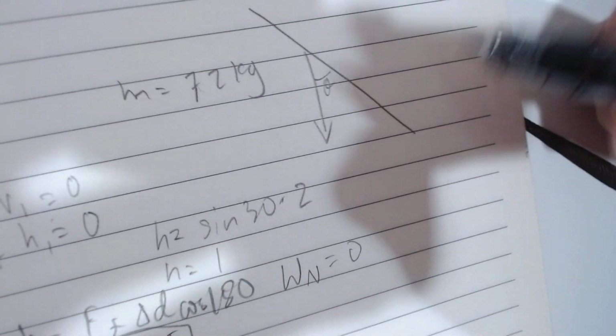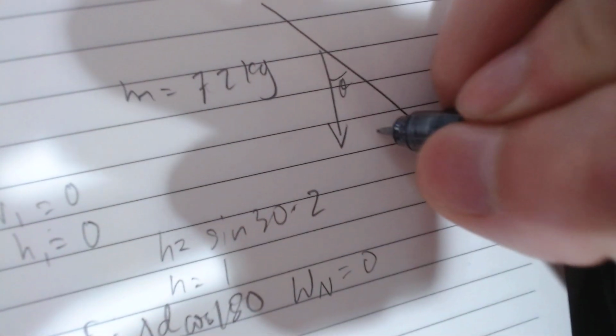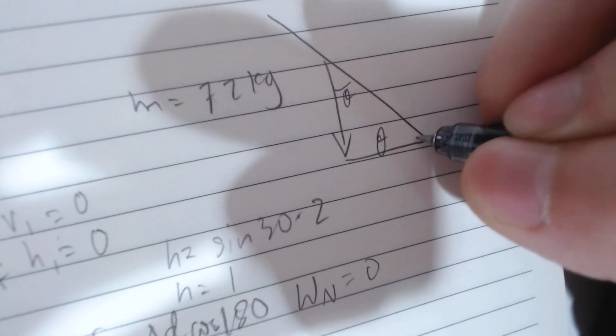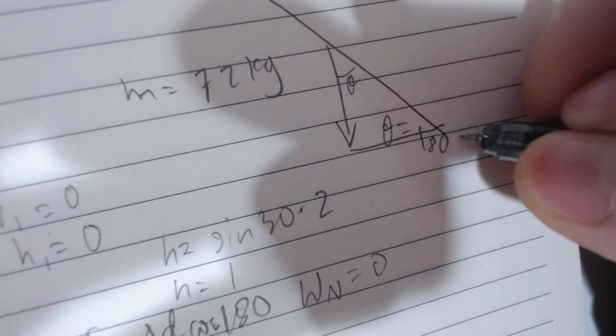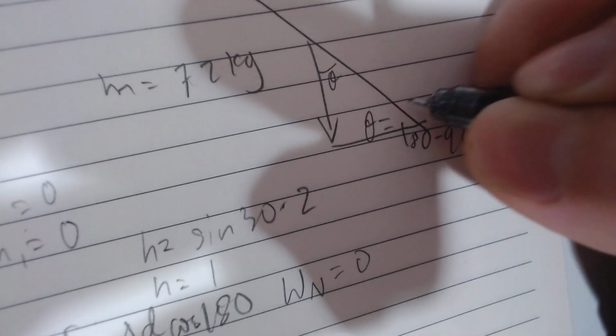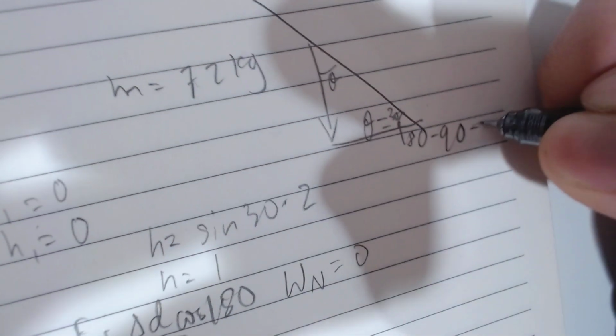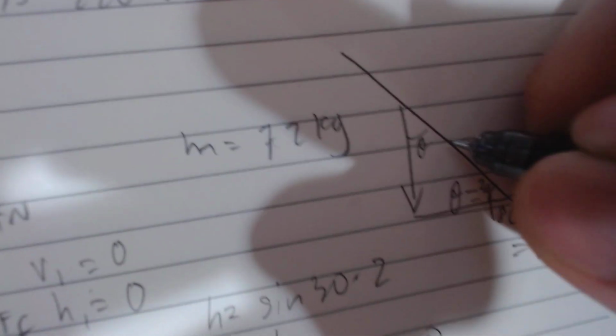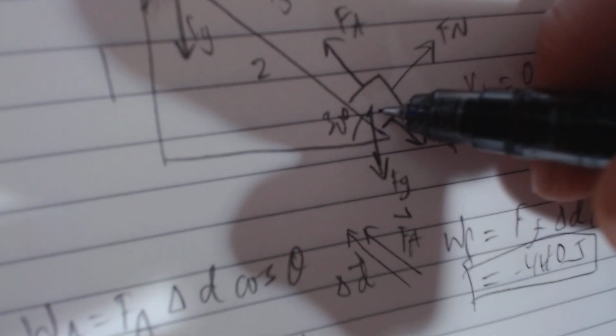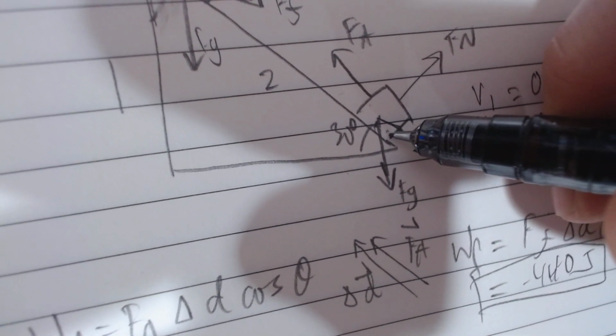We automatically know theta is 180, subtract 90, subtract whatever this angle is. We already know it's 30, so we should get 60, so theta equals 60. So now we know this is 60. Just write 60 here.